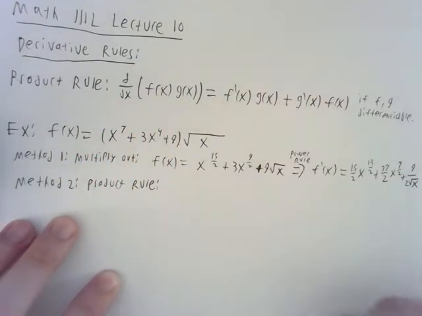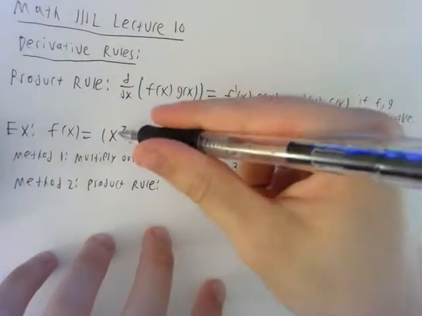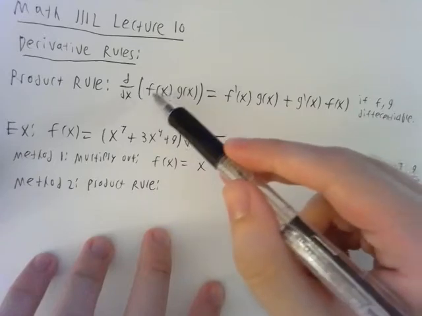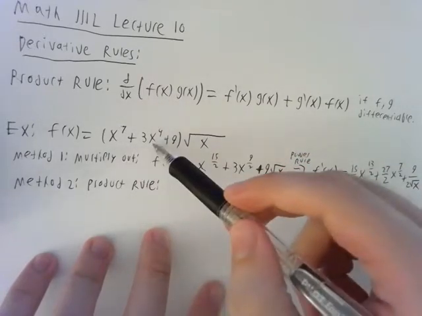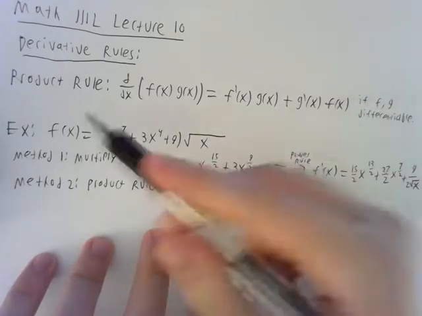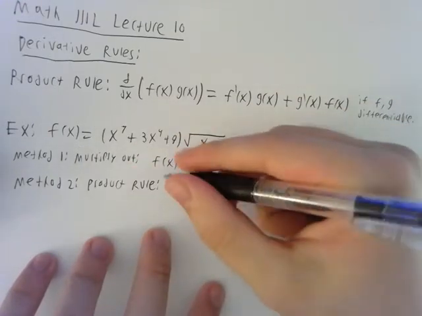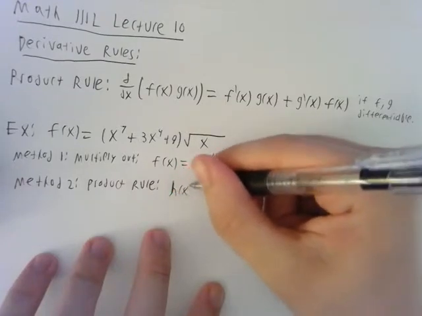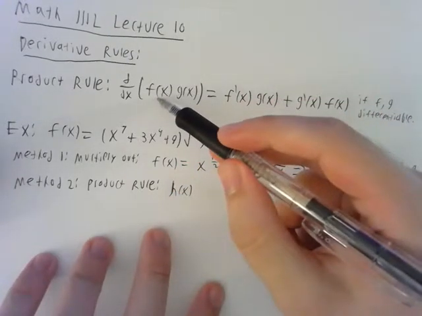Our first function for the product rule, playing the role of f of x in the equation, will be x to the 7th plus 3x to the 4th plus 9. Since I've already called this f of x, I'll give it a different name here. I'll call it h of x, but it's going to represent my f of x in the product rule.